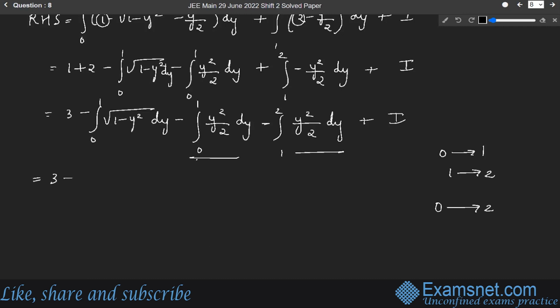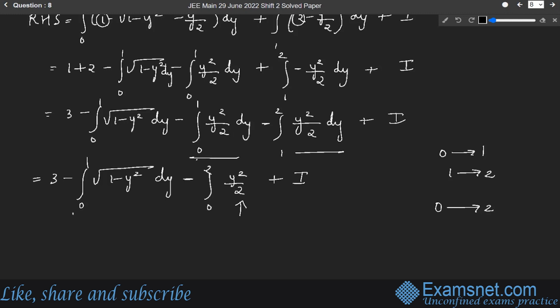So it will be 3 minus integral of 0 to 1 under root of 1 minus y square dy. And when we take minus common, it will be y square by 2 dy plus y square by 2 dy. But since we are combining the limits, it will be minus integral of 0 to 2 y square by 2, plus I. Now again, we have to use the same formula for integral of x to the power n dx to solve this part.